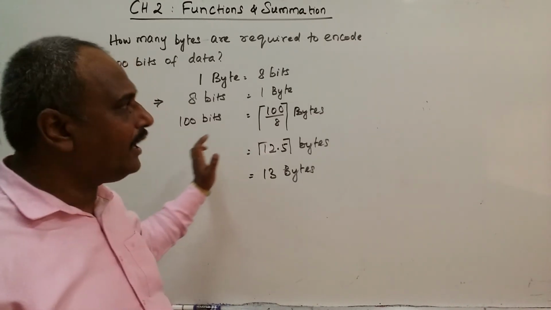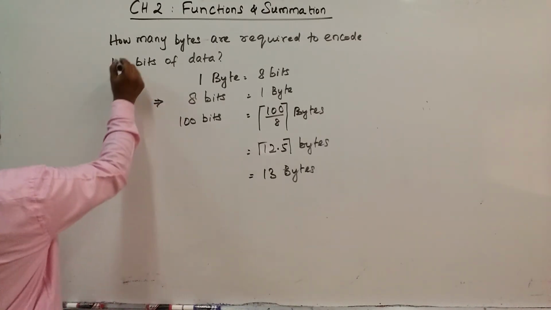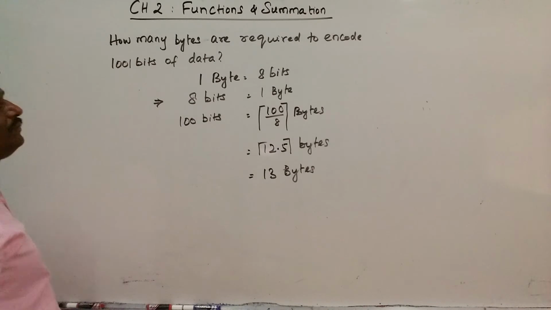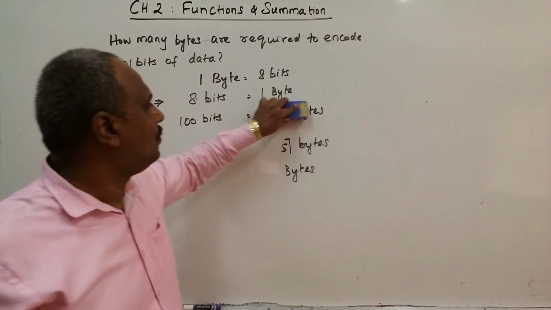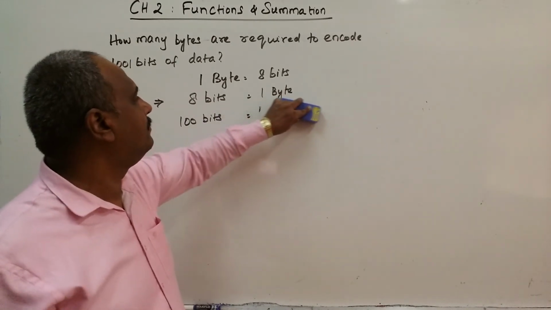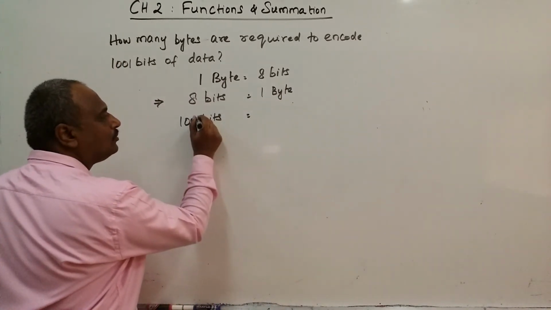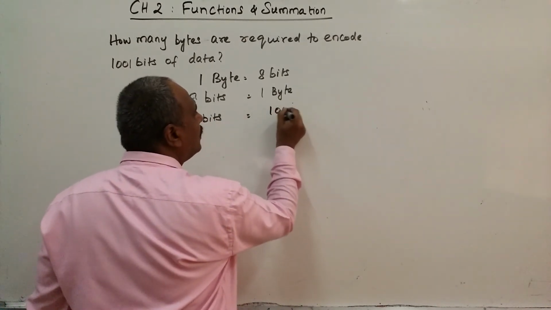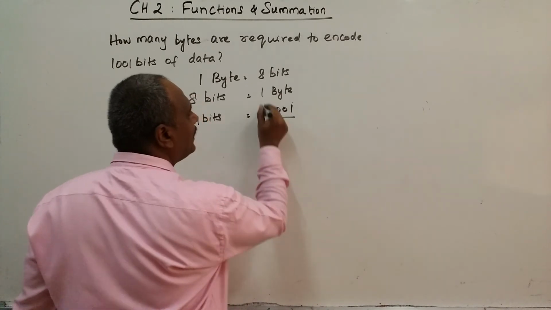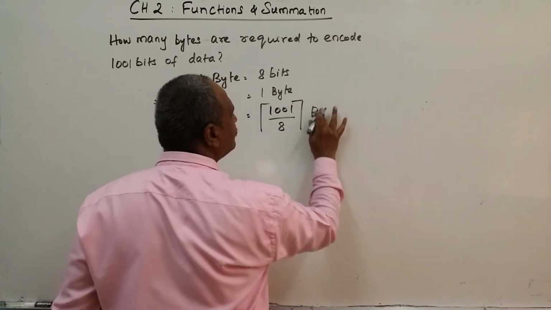This we can do for any number. For example, how many bytes are required to encode 1001 bits of data? The idea is the same, I am changing only one number. 8 bits is equal to 1 byte, so 1001 bits is 1001 divided by 8, ceiling, bytes.